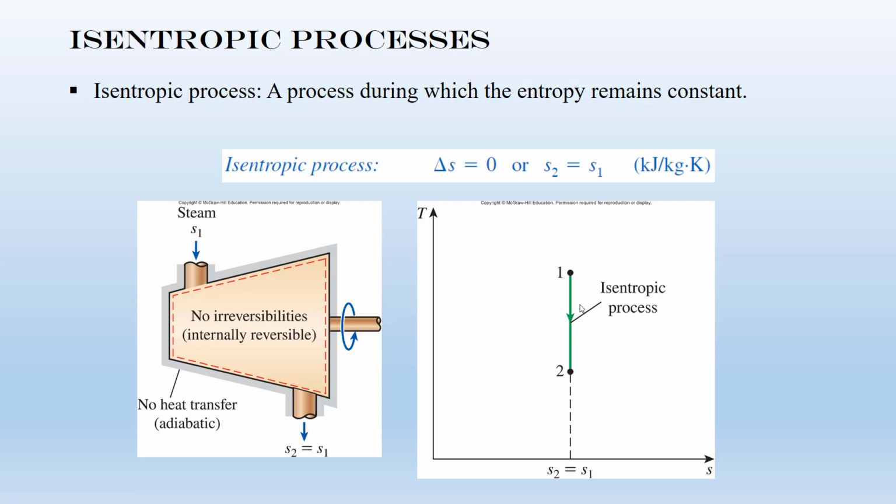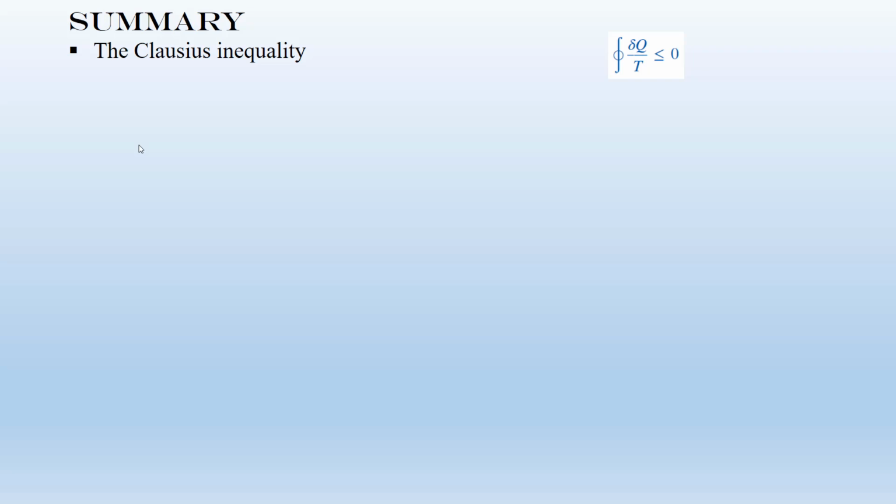Keep in mind that S1 equals S2 when we have a process that is internally reversible and adiabatic. So if you have such a process, you can write S1 equals S2, or delta S equals 0. This is very important. We use this point to solve problems. Here is the summary, guys.